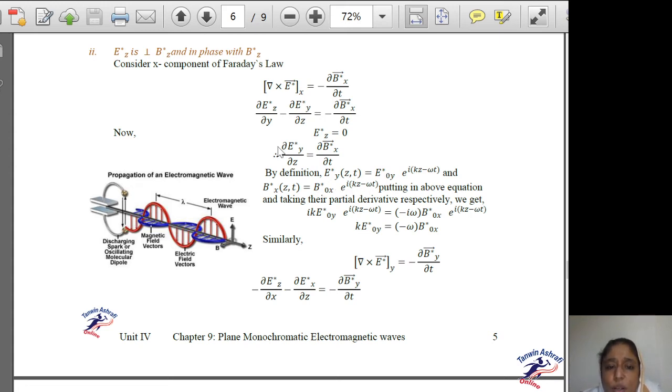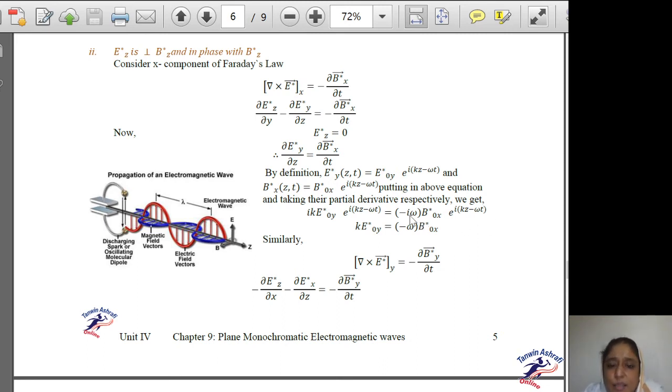Putting the above in the equation and taking their partial derivatives respectively, we will get the result as i times k E0y e raised to i(kz minus omega t) equals minus omega B0x e raised to i(kz minus omega t).